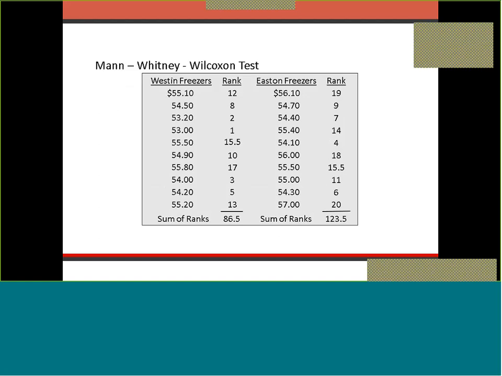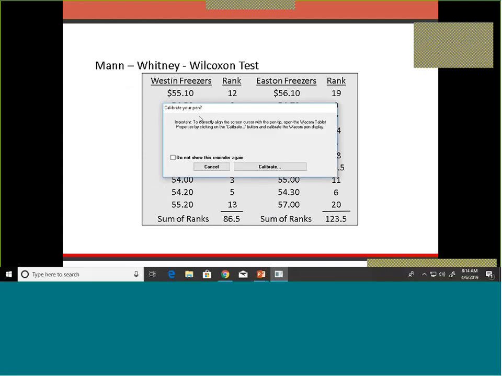Now you see here, we have data for Western freezers, the first sample, and Eastern freezers, the second sample. But whenever we apply this Mann-Whitney-Wilcoxon test, you have to give the rankings combined. So you have to mix the data and give the ranks. The minimum is 53, so the first rank is here.